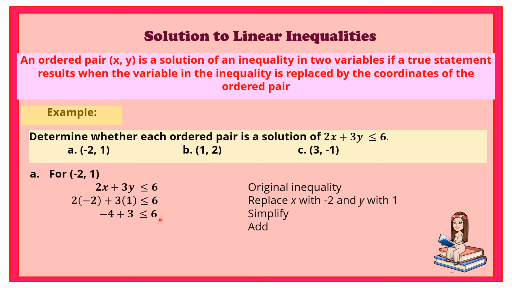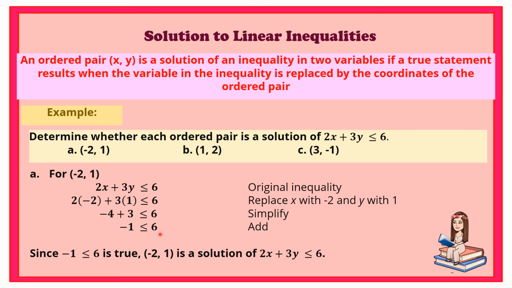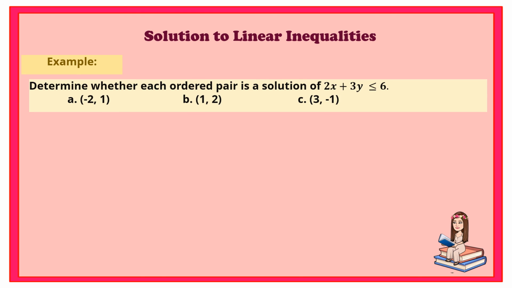And then, let us add the two given on the left. So, negative 4 plus 3 is negative 1. Tanong, is negative 1 less than or equal to 6? Is it a true statement? Yes, dahil yung negative 1 ay mas mababa kay 6, then true statement siya, therefore that is a solution to the given inequality.